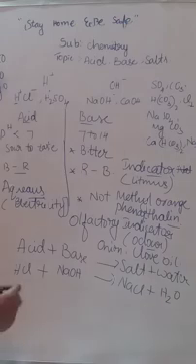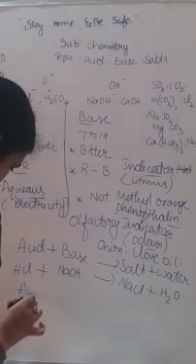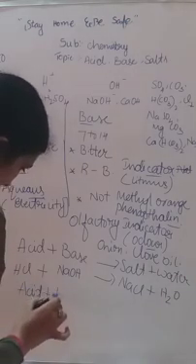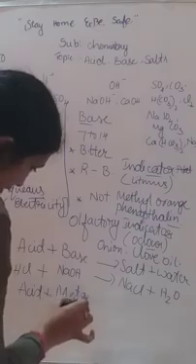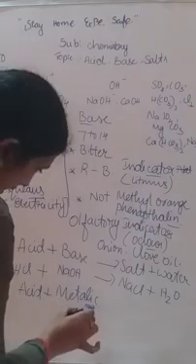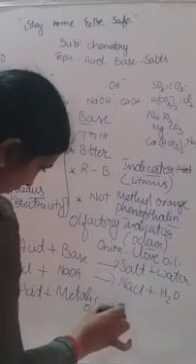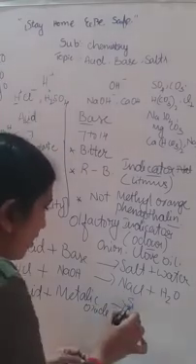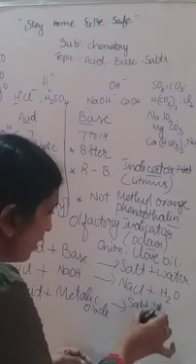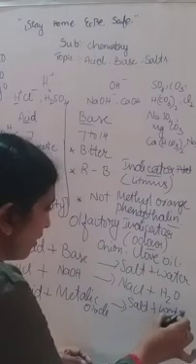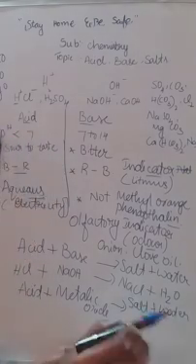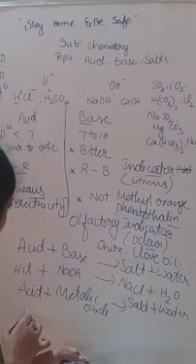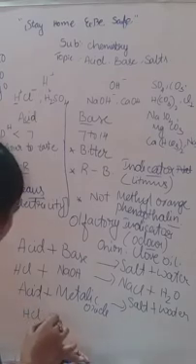In the same way, if an acid reacts with any metallic oxide, that also forms salt and water. That is also important. Let us take hydrochloric acid as an example of an acid.